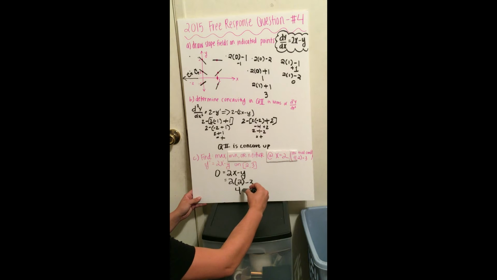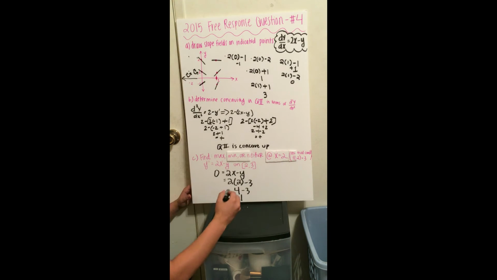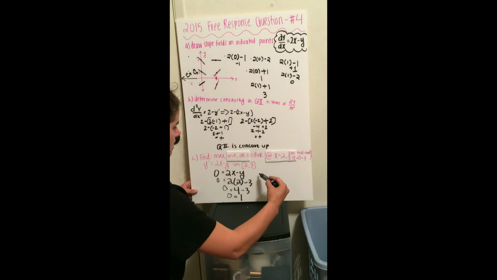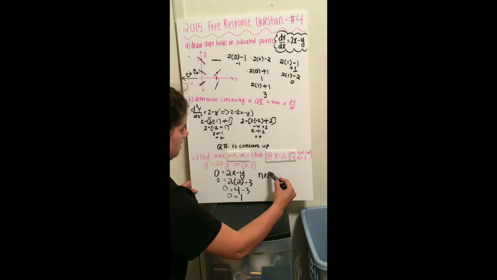This is going to be 4 minus 3, which is equal to 1. And then we just go ahead and bring this 0 down. Basic math tells us that 0 is not equal to 1, so we can say neither.